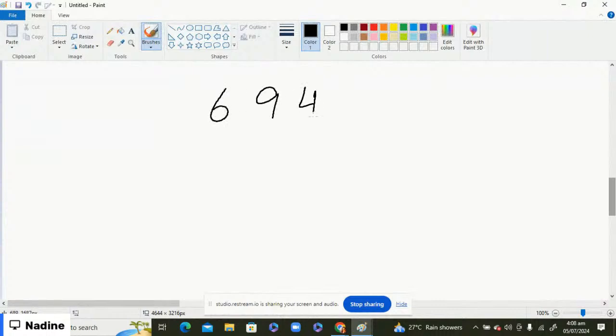If they say round it to the nearest 100, do you know how to round it? Everyone can tell me the answer to this one. All of you, solve this question in your notebook and tell me the answer.